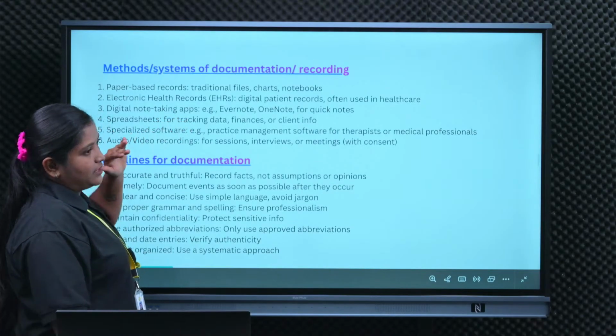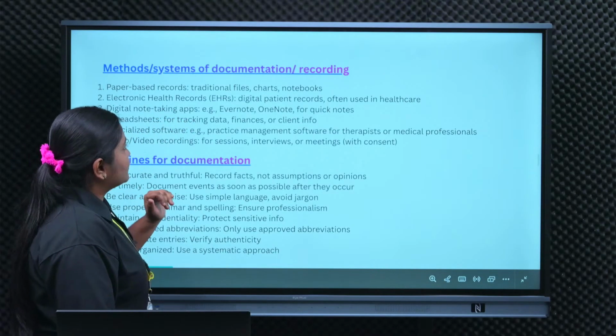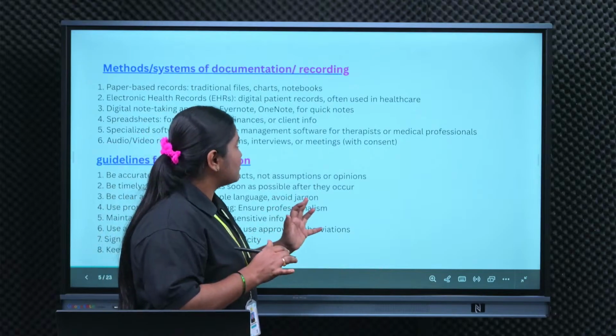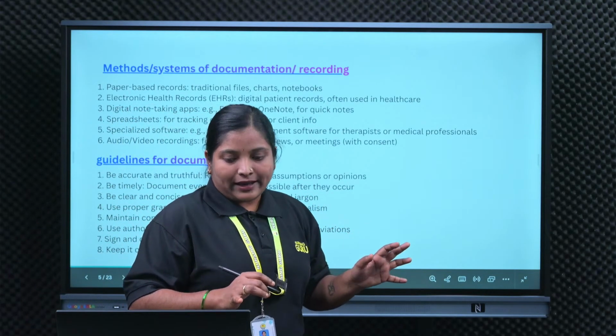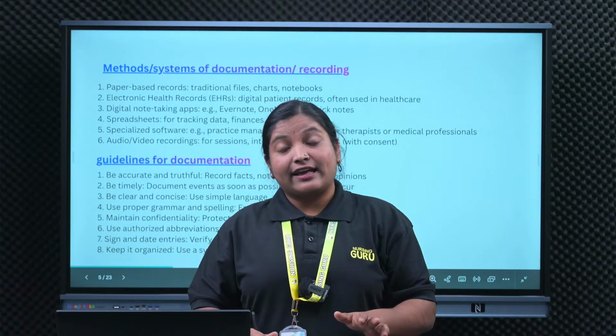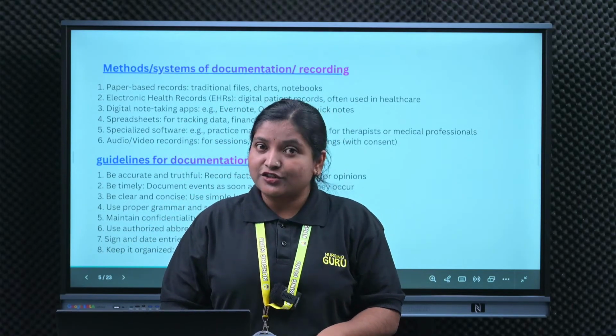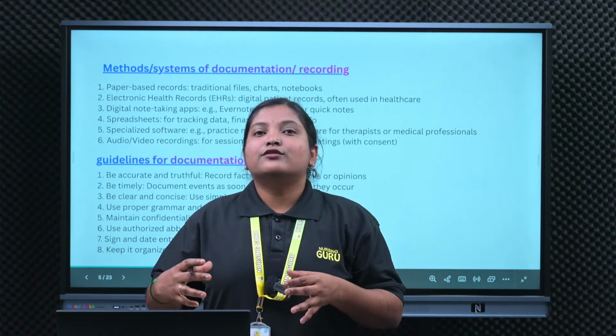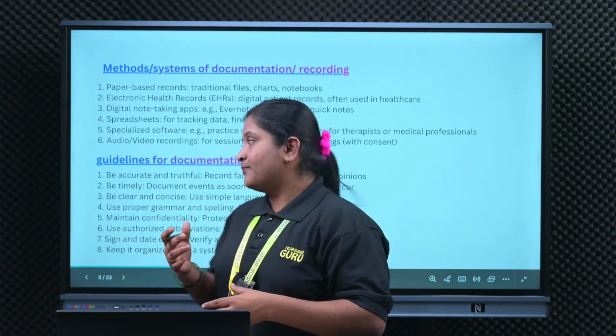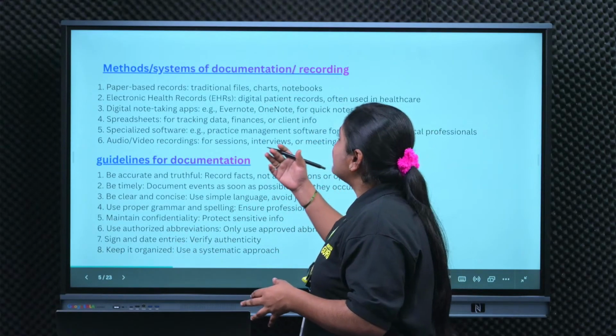Okay, the first method is paper based records. These are traditional files, charts, and notebooks. If you go abroad, like to Germany, there is still a lot of documentation work ongoing, and they are still using lots of traditional files.